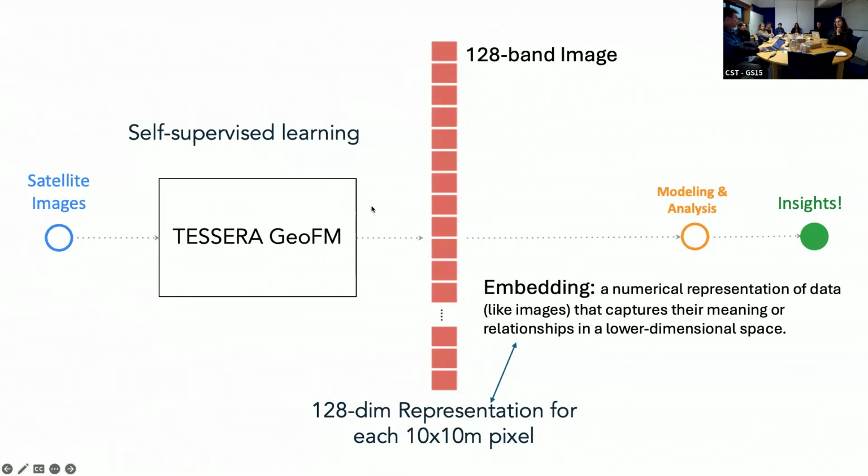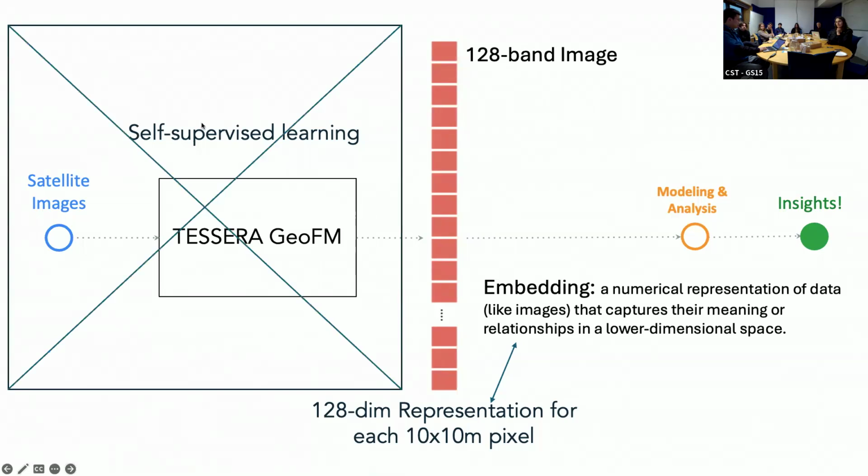So basically, TESSERA goes to somehow simplify all this pipeline. And right now we're not doing this anymore. You don't really need to care about the raw satellite images. You don't need to do the pre-processing, because we've done this for you.